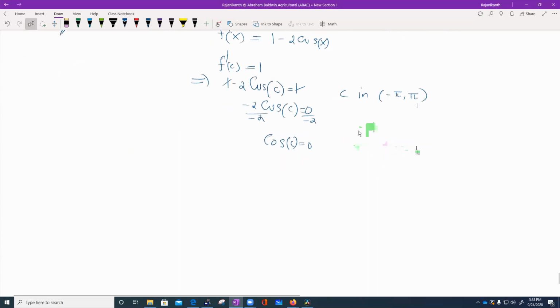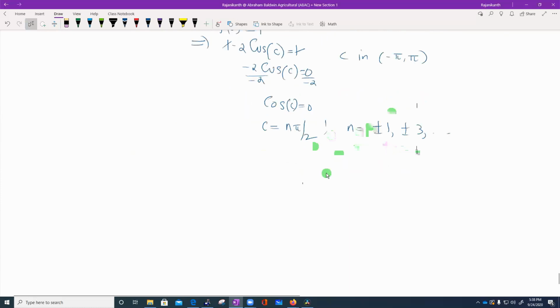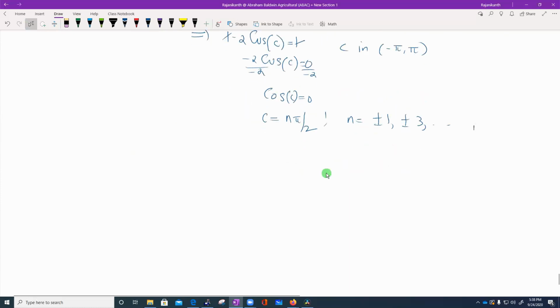Remember, as I told you earlier, your c is supposed to be an odd multiple of pi over 2 to get the 0 answer for cosine. So your n should be plus or minus 1, plus or minus 3, and so on. You need to include negatives as well because your interval has negatives. Let's check one by one. If n is negative 1, c is negative pi over 2.